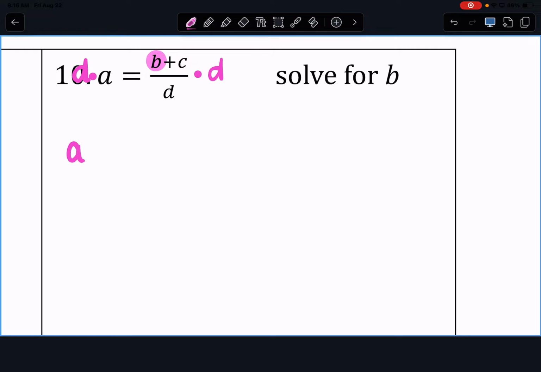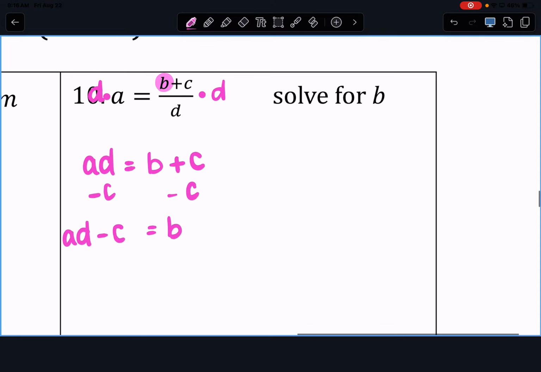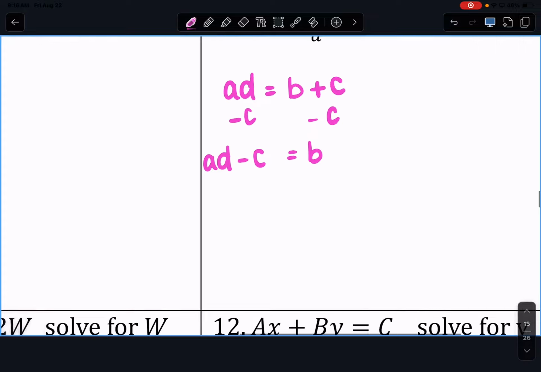So we get AD equals B plus C. Now what? So we get AD minus C equals B.